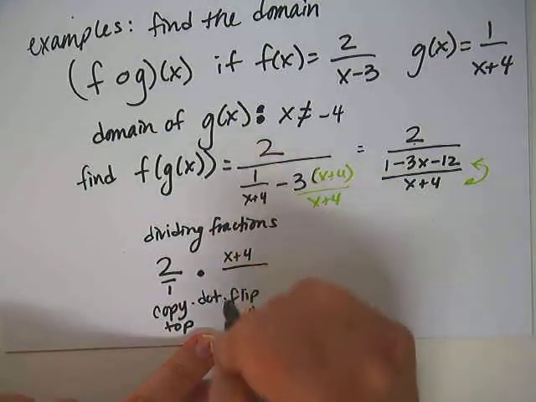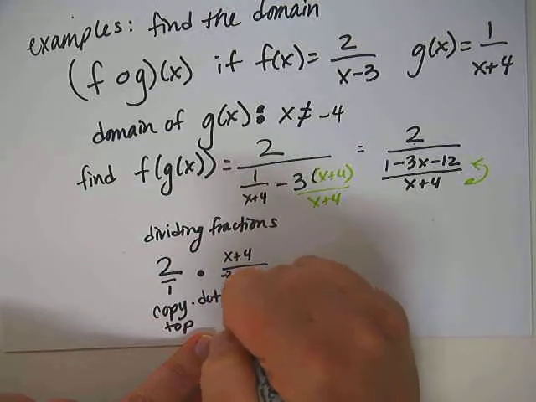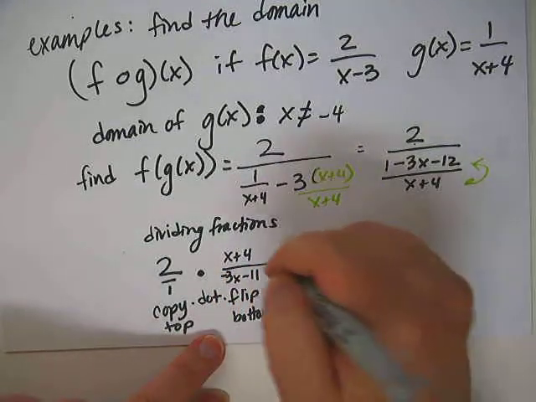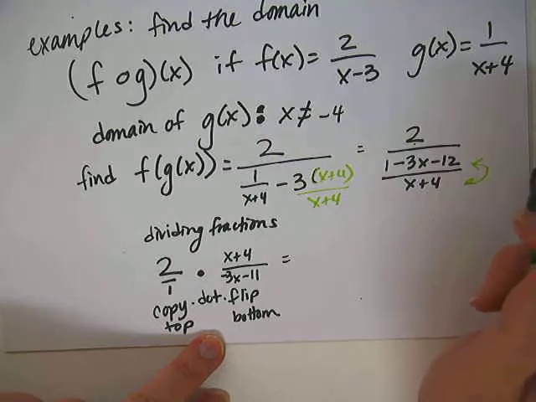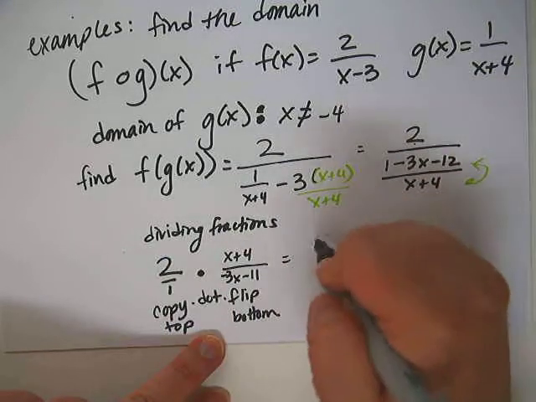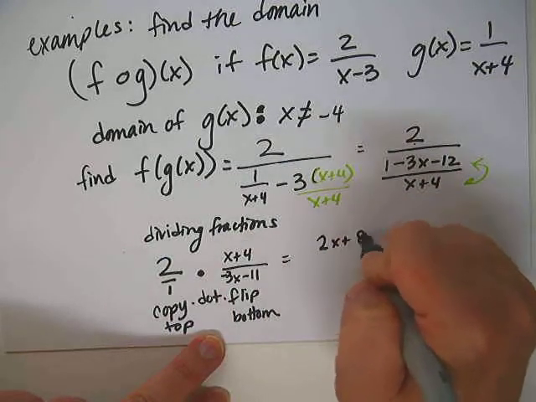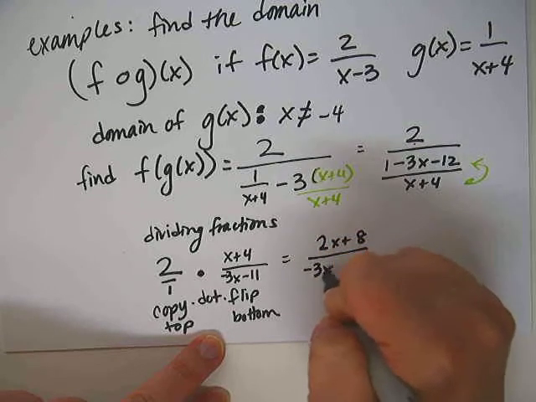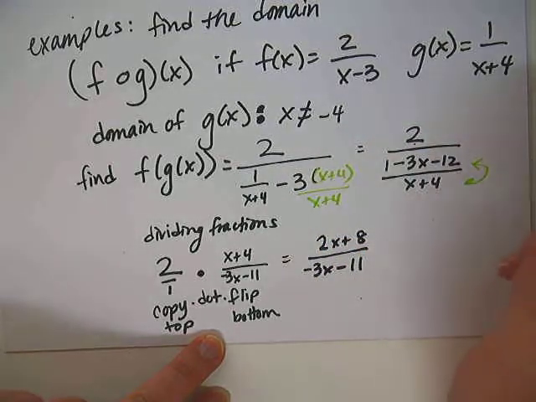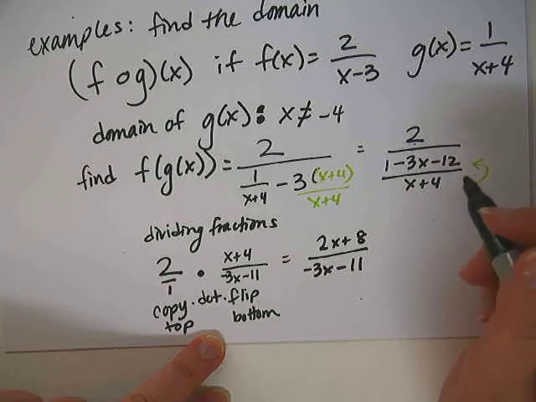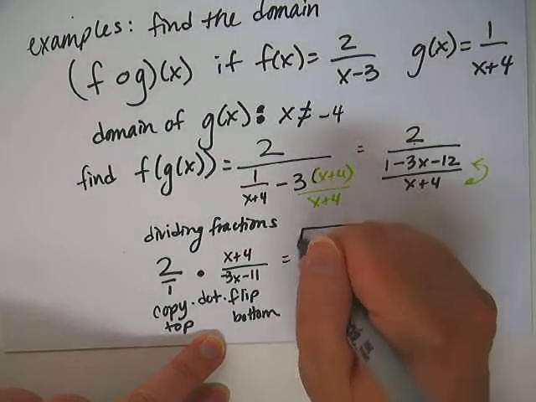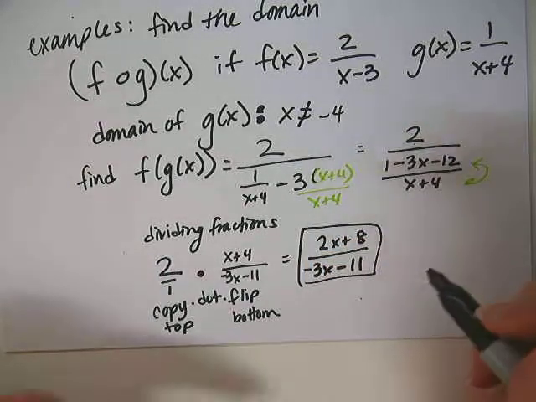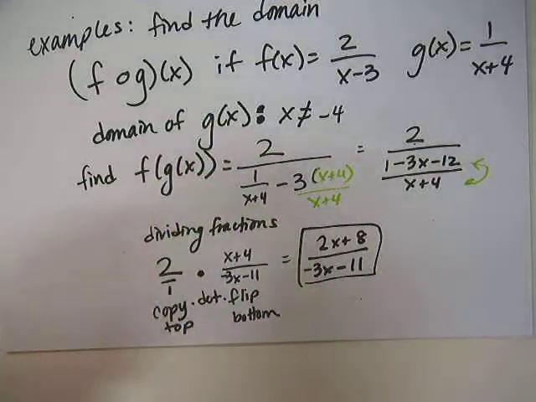So we're going to flip this one over so that we'll have x plus 4 on the top and negative 3x minus 11 on the bottom. And so then we multiply across, so we'll have 2x plus 8 over negative 3x minus 11. That should be our composite function.